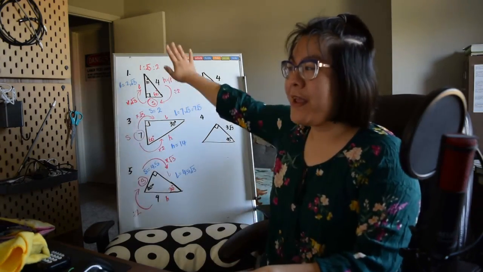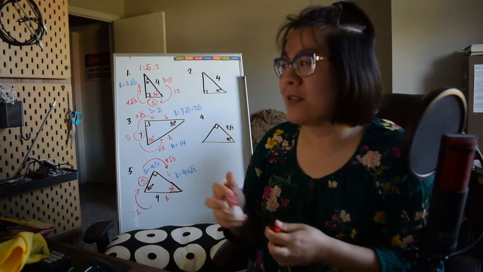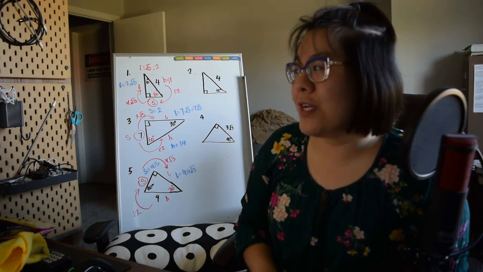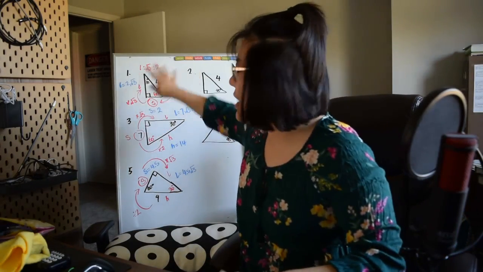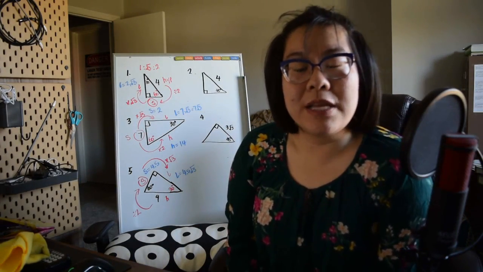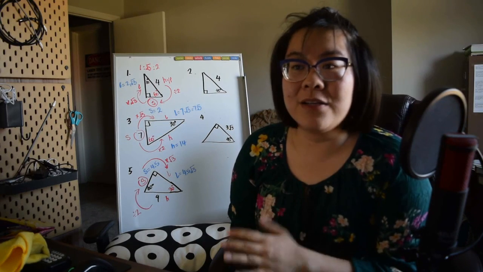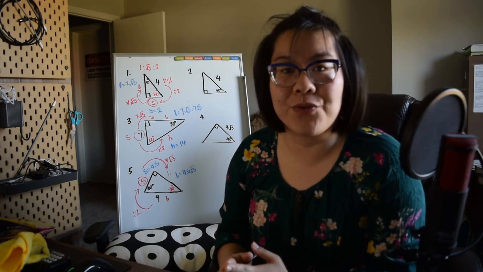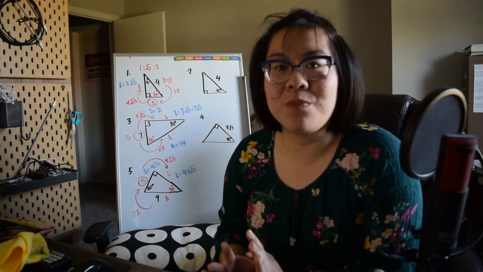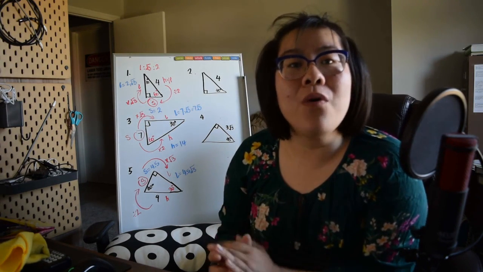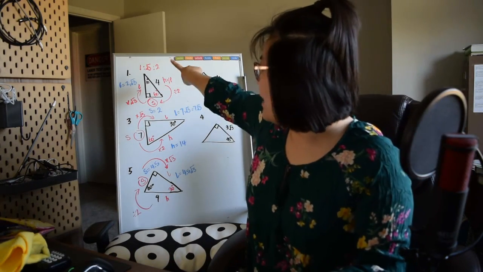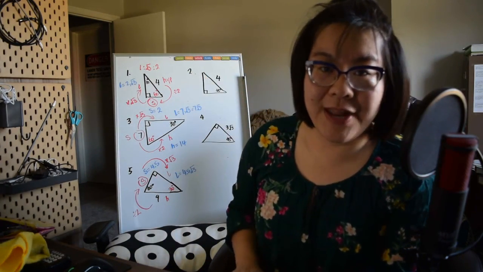Over here we have done everything about the 30, 60, 90 degree triangle. You will see the ratio is very important. If you have the short leg, the long leg you simply multiply by radical 3, and the hypotenuse is just multiplied by 2. So always figure out the short leg first and use the ratio to get all the other sides.